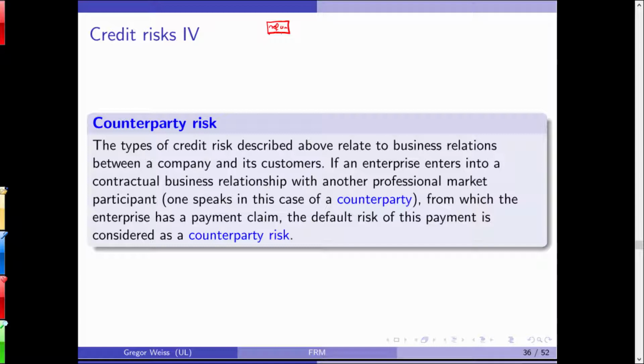Problem is, before the financial crisis, many investment banks bought credit default swaps with other banks and other entities closely related to banks as reference units.